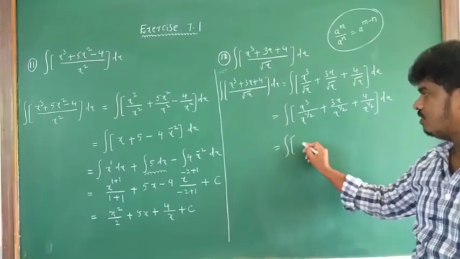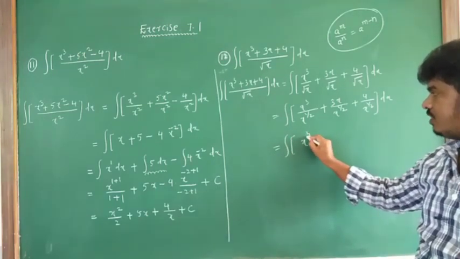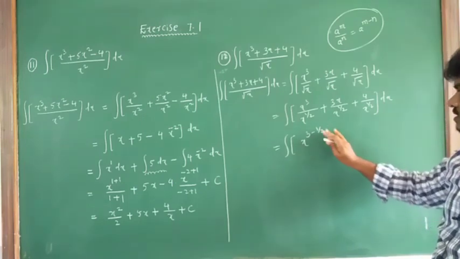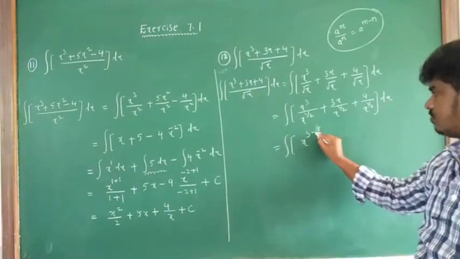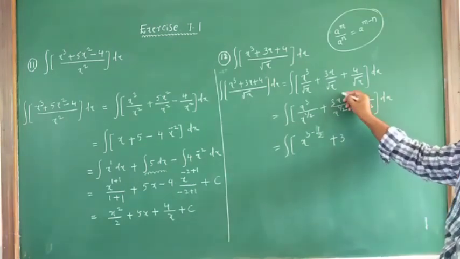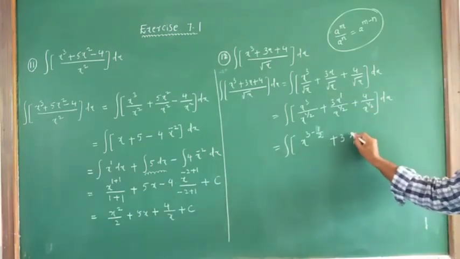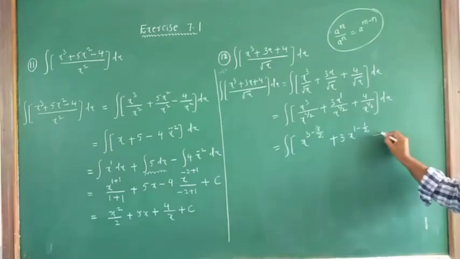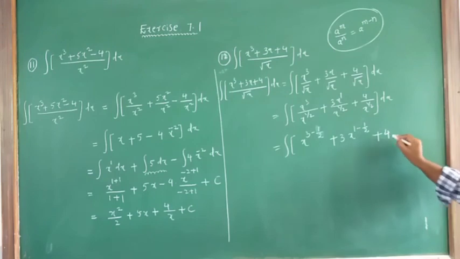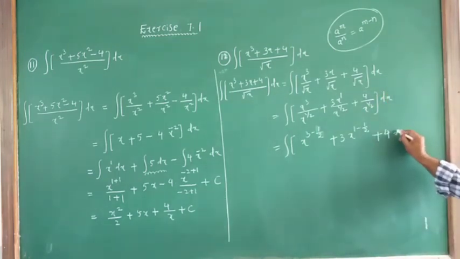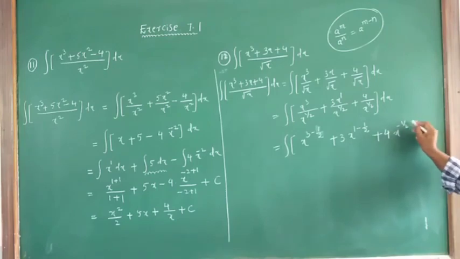Integral of x to the power of 3 minus 1 by 2 plus 3 into x, which has power 1. So x to the power of 1 minus 1 by 2 plus 4 into, just take this up, so what you can write? x to the power of minus 1 by 2 dx.